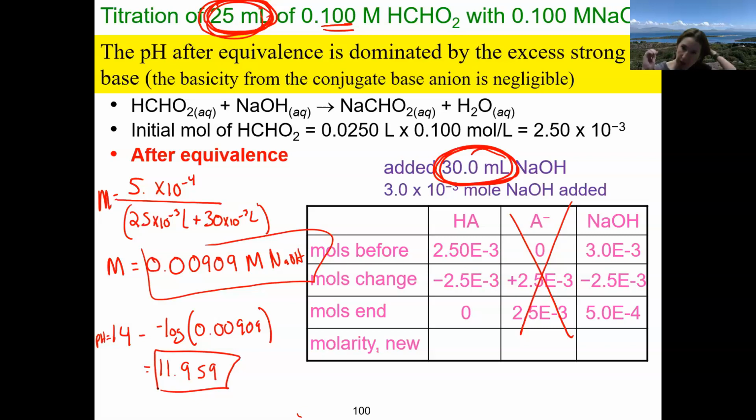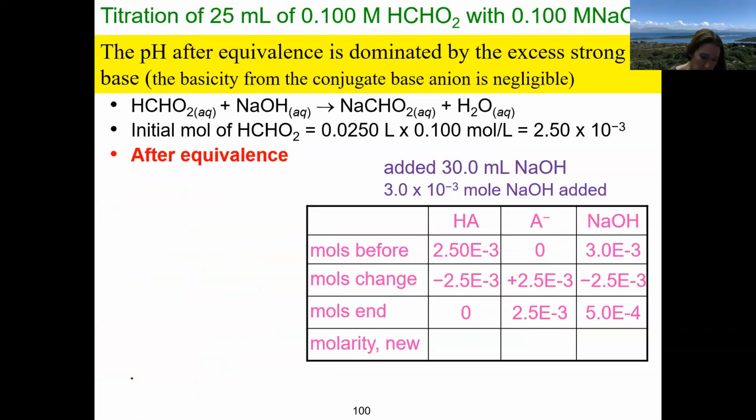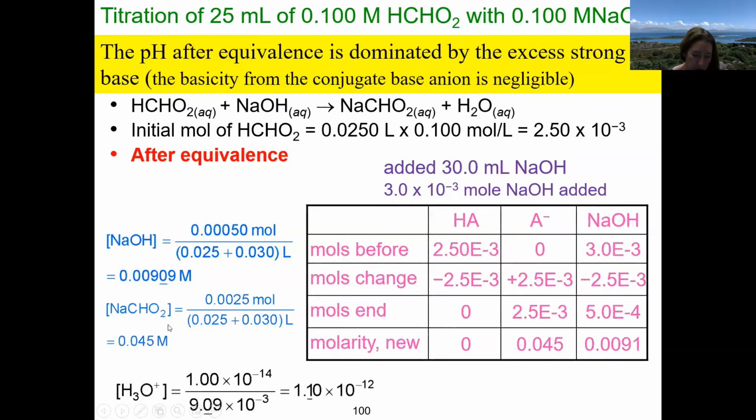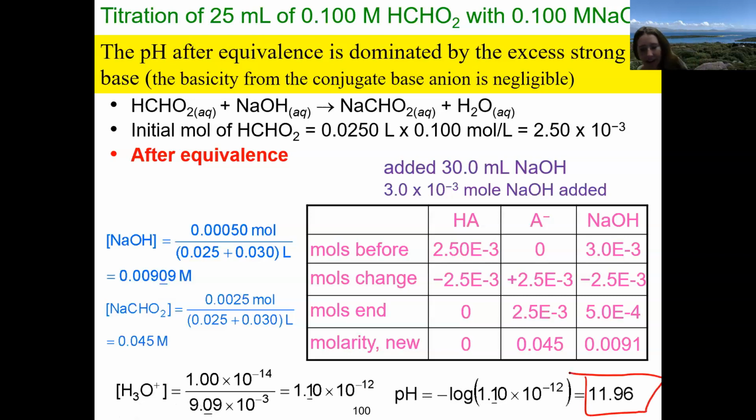So the pH after the equivalence point, just gonna erase it so it's all nice. Oh, did I not do my molarity right? Oh wait, it doesn't matter. This molarity doesn't matter. Yeah, 11.96, 11.959, close enough. It should be 11.959 with sig figs.